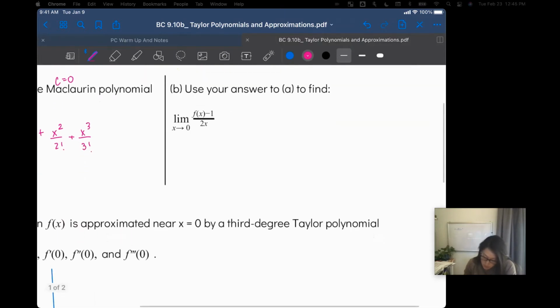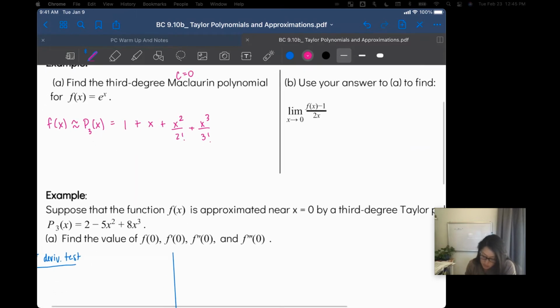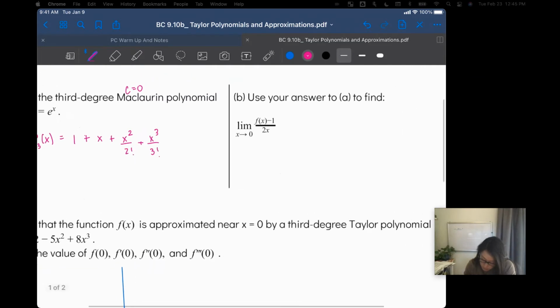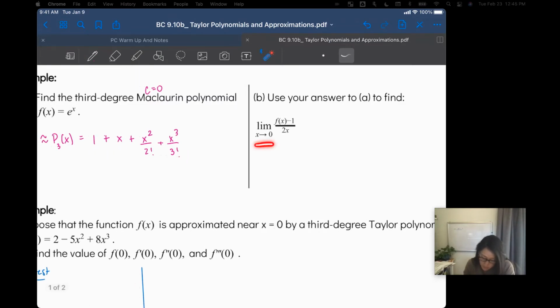So what we can do is use the polynomial in place of the function to evaluate, as long as it's a good representation of the function. So we're going to use the answer to A to evaluate the limit as x goes to 0 of f of x minus 1 over 2x. f of x, remember, is e to the x.